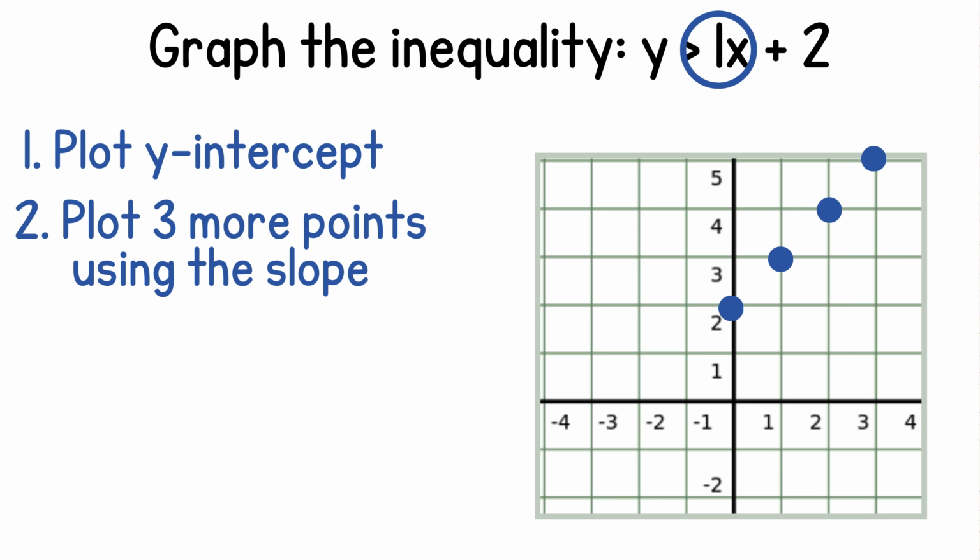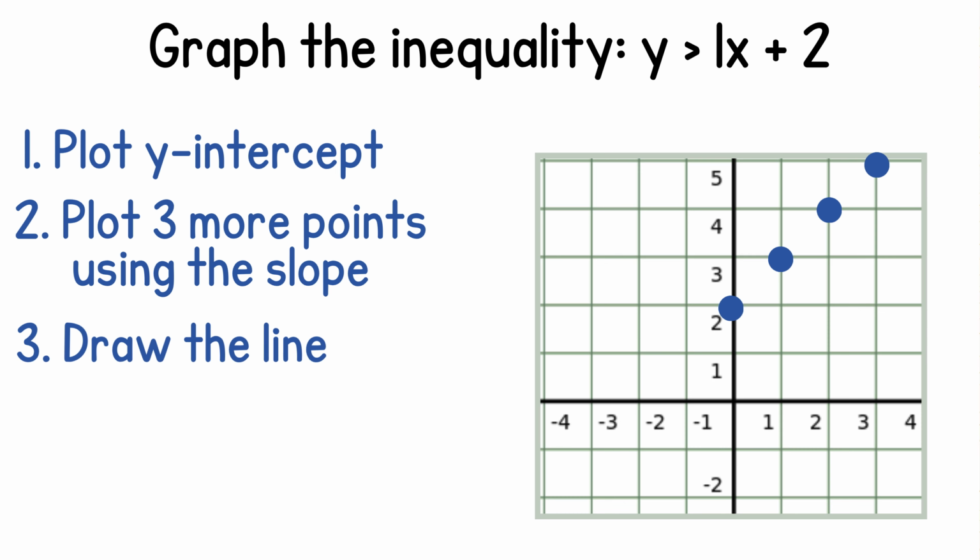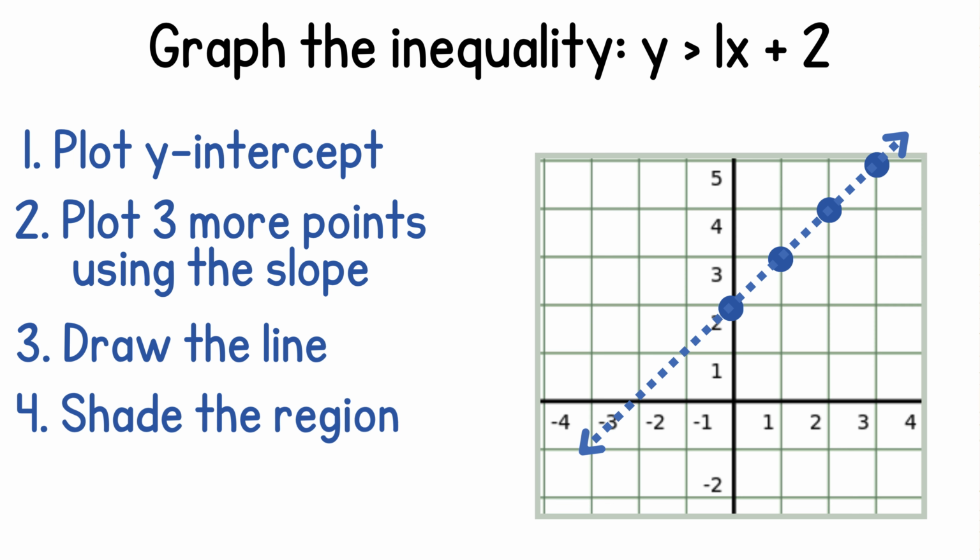So now we can see a line forming. Now we're going to draw the line. The inequality symbol used is greater than, so since it doesn't have the equal sign below it, our line will be dotted. Now let's shade the region. So with the symbol of greater than, we want all values greater than the y-intercept. So we'll shade above that line.